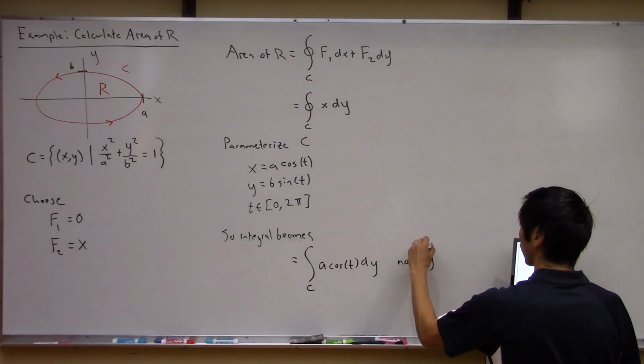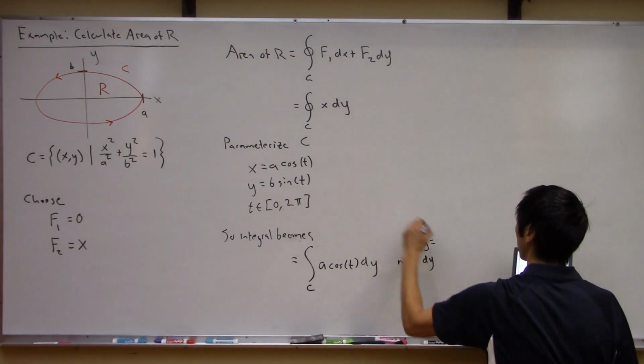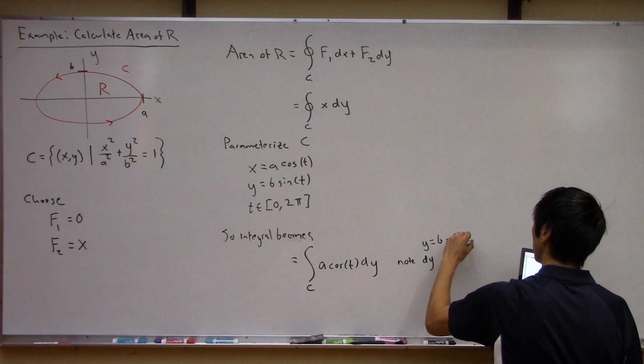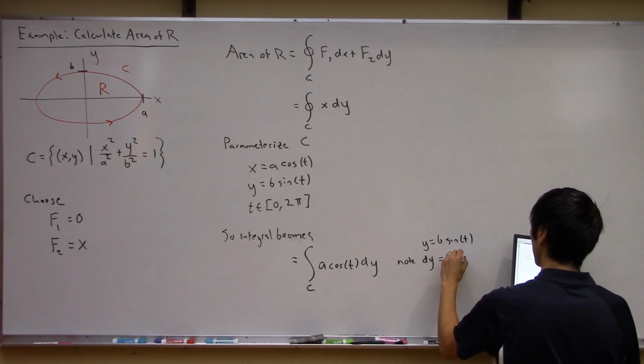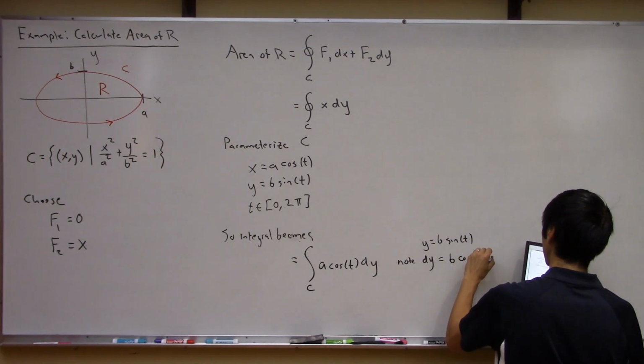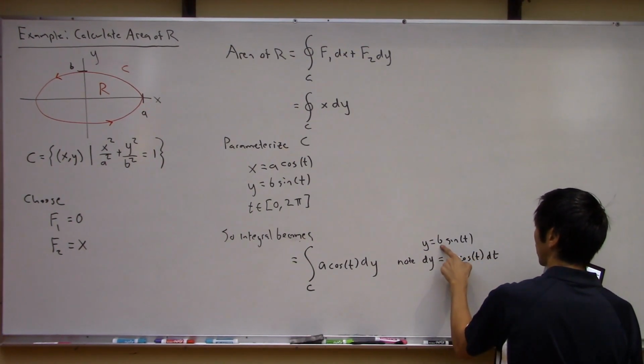Well, we can look at what y is. We said y is right here, right? Y is b sine t, right? So I think everyone would agree that dy is just nothing more than b cosine t dt, if you just take the derivative of this.